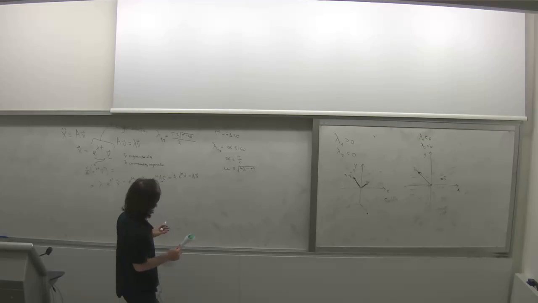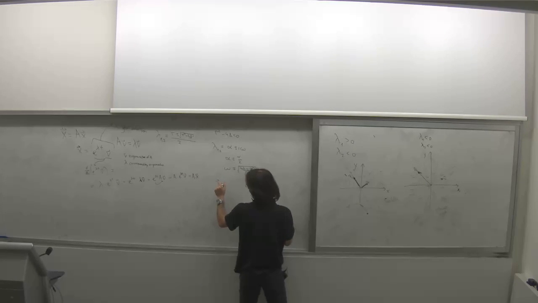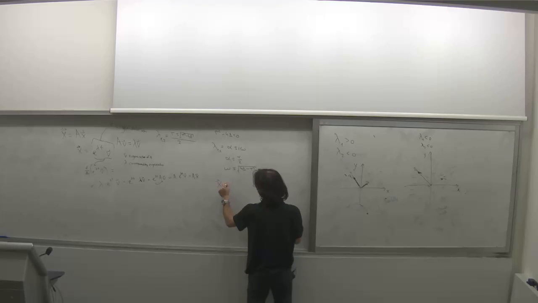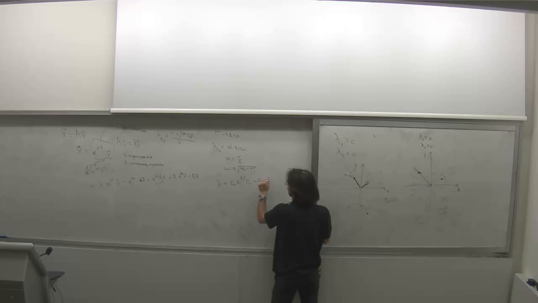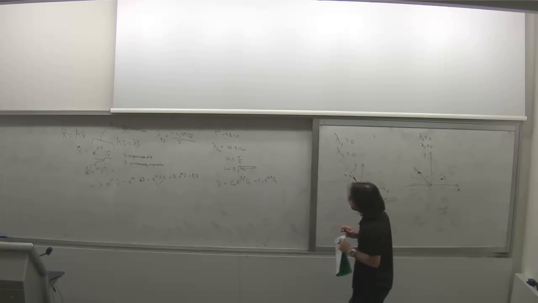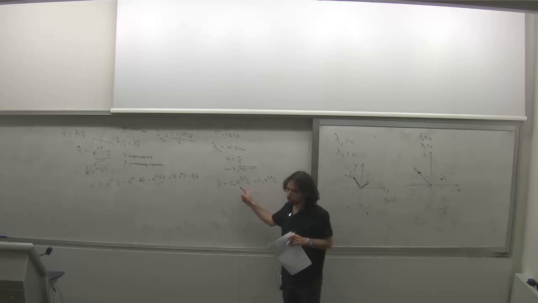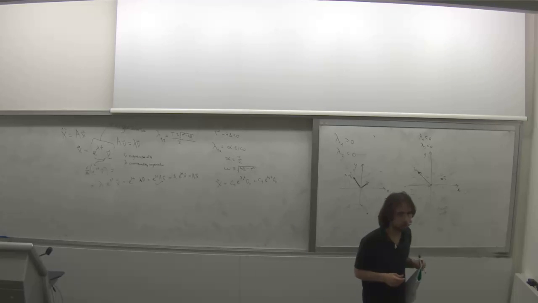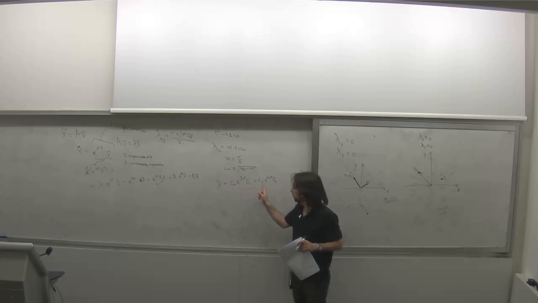And the general solution still holds. So x equals c1 e to the lambda 1 t v1 plus c2 e to the lambda 2 t v2. But now v1 and v2 are actually complex vectors, and these constants are complex numbers.